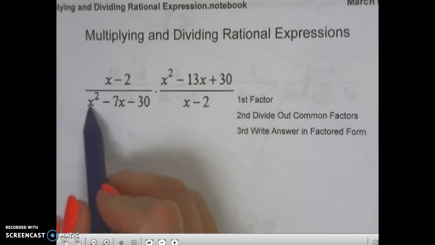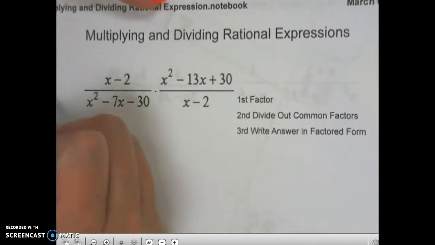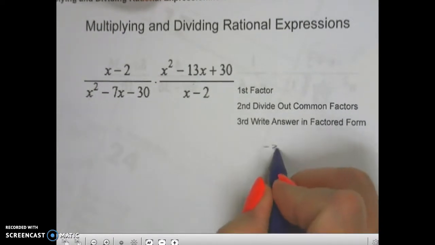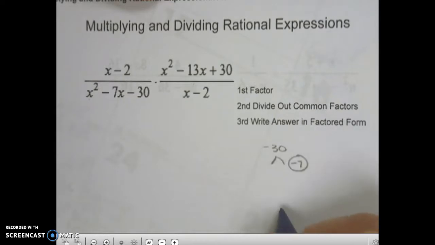I see my x squared here on the bottom, so I've got to think about what to do. What multiplies to give me negative 30 and adds up to negative 7? Well, I think about everything that multiplies to give me 30, but one of them will have to be negative.